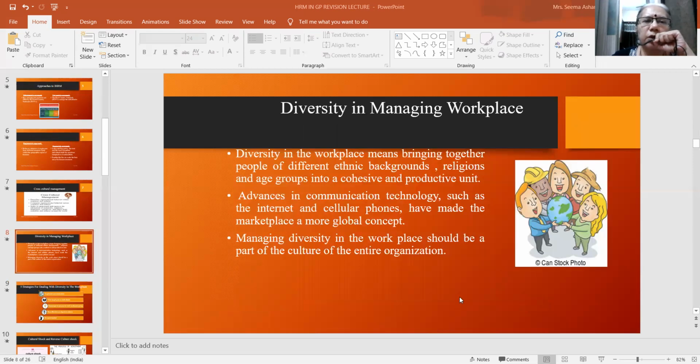As a global HR manager, you will have to manage the diversity in your workplace. Now, what is this diversity in workplace? Diversity in workplace means bringing together people from different ethnic backgrounds, following different religions, of different age groups, and making them a cohesive and productive unit.